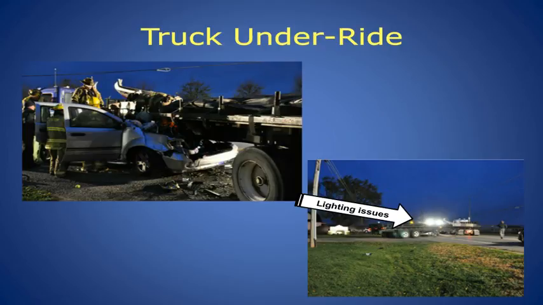Well, unfortunately, what he didn't account for was that the cover actually covered the reflective tape alongside that trailer. So as our poor driver came along, they had no idea the trailer was there, and they ended up going underneath. So we had a lighting issue, and we had the reflective tape issue, all kinds of issues in that particular case.